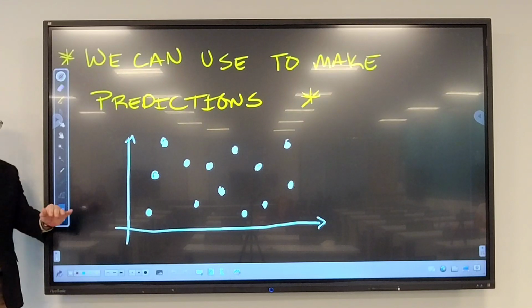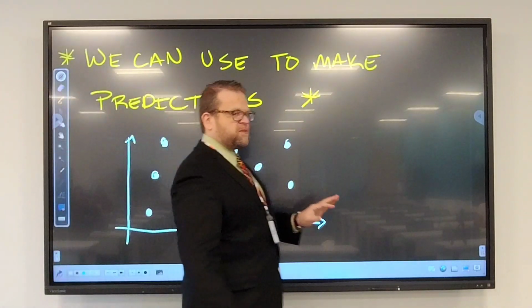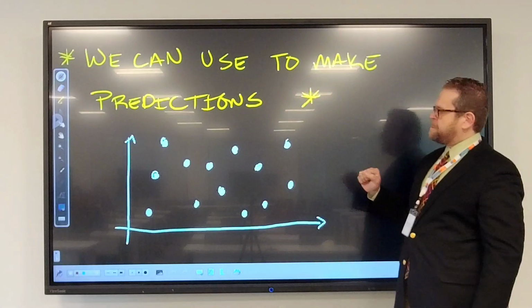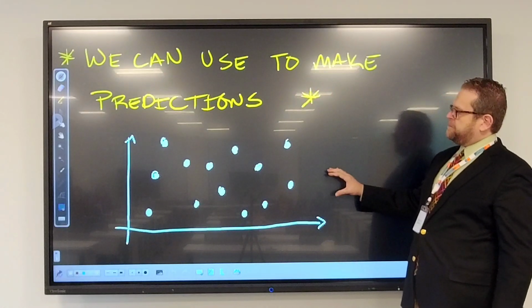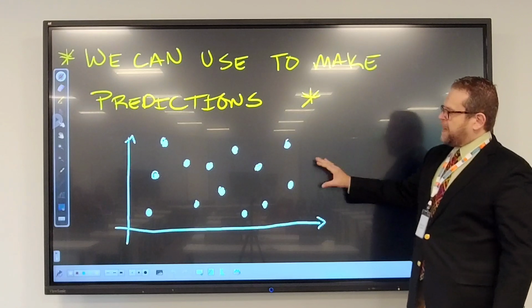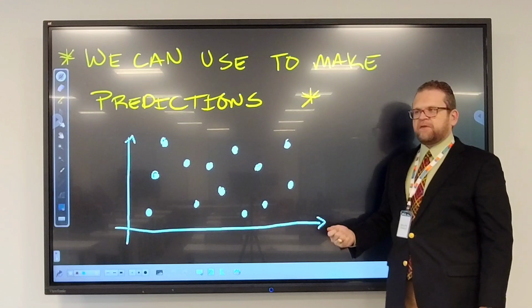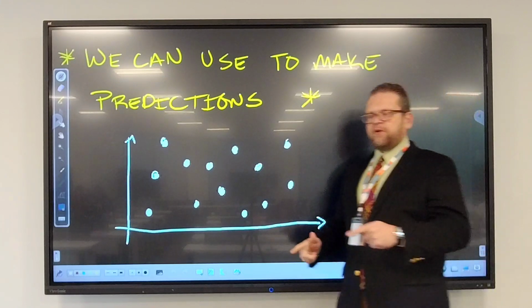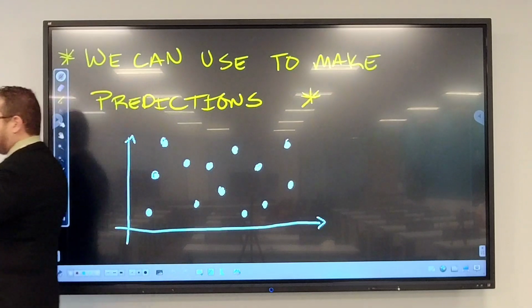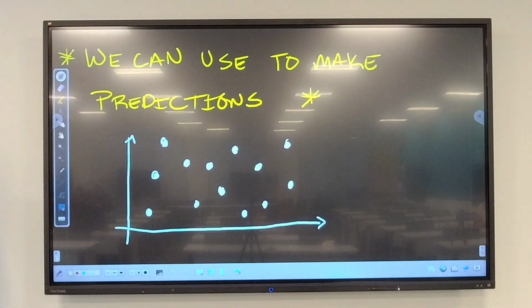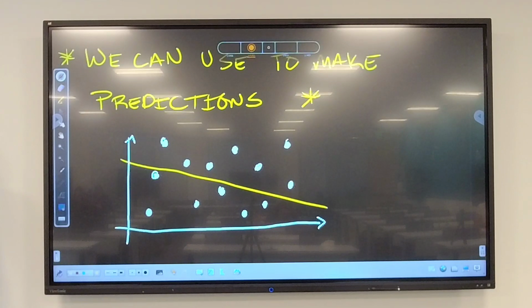Now, just because it's got this random appearance, you can still mathematically generate the best fit line. There is still going to be exactly one line such that all of the squared deviations are minimized.